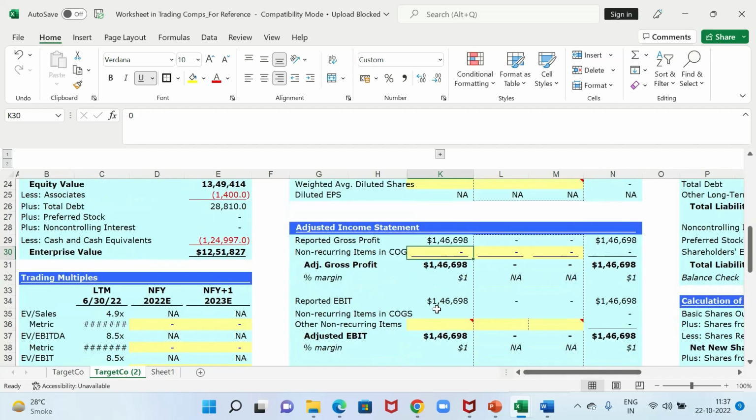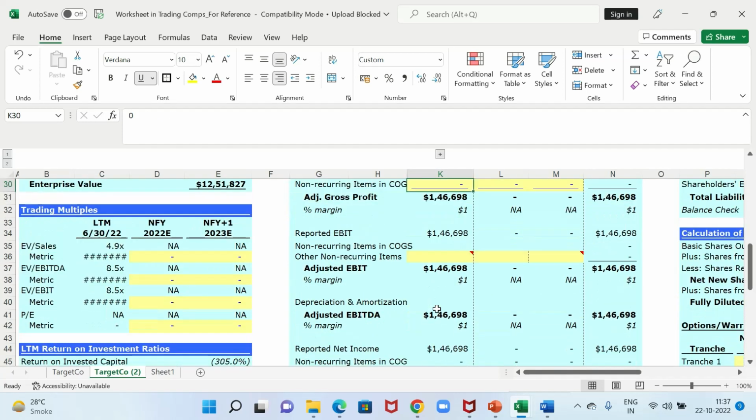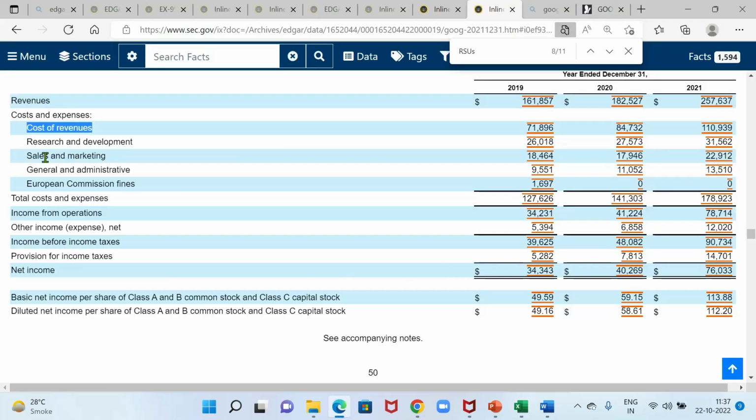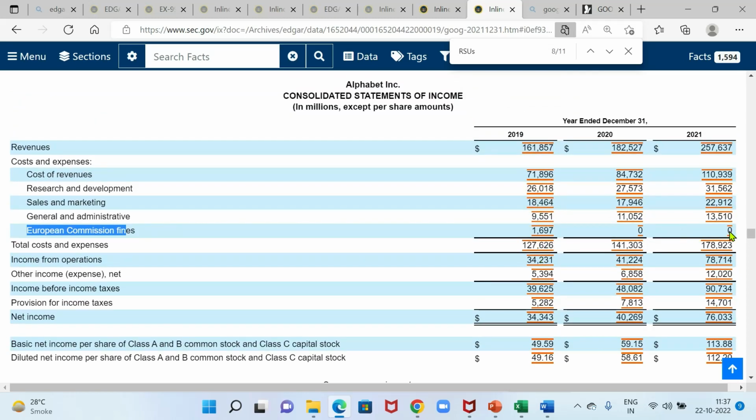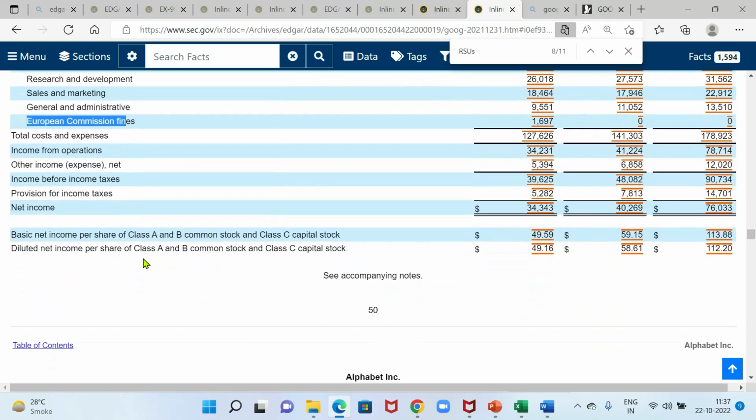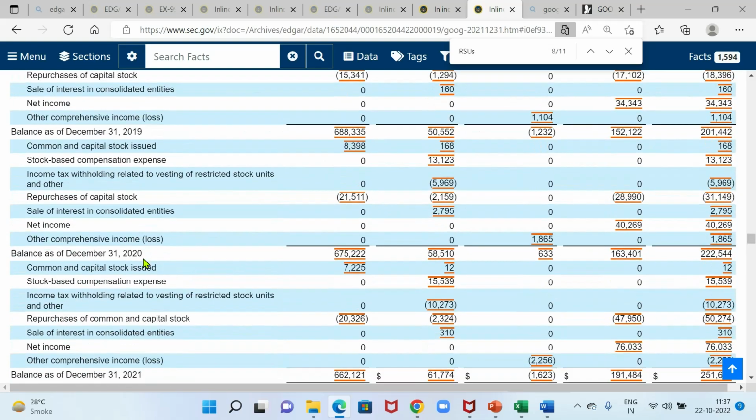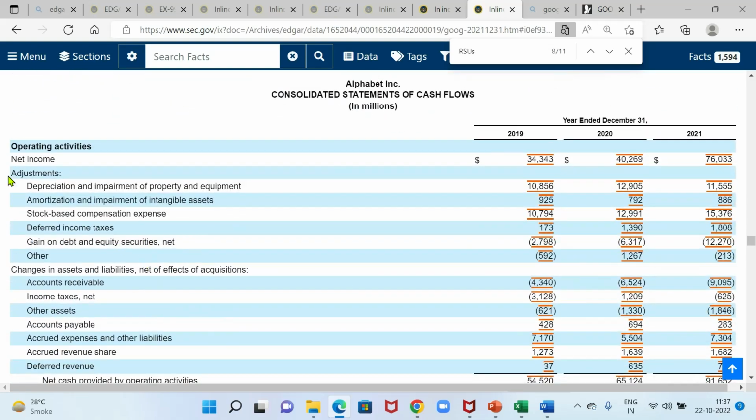Now comes the non-recurring items. Which non-recurring items? Here your commission is fine, but that 19 number I don't require. In 21 there is no number. I'll go to cash flow and check if there are any adjustments that the company is doing.